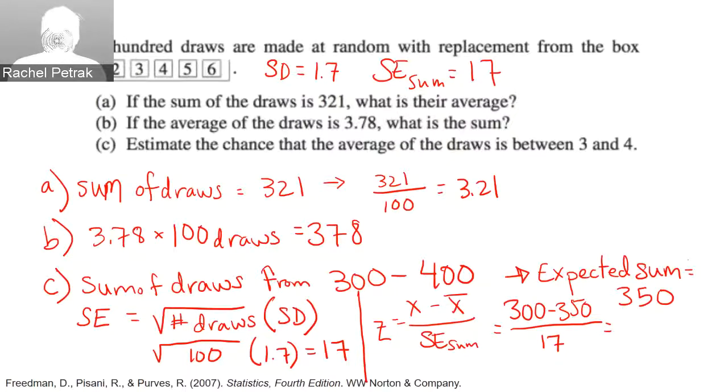300 minus 350 is going to give us a negative 50 over 17, or a standard score of -2.9.